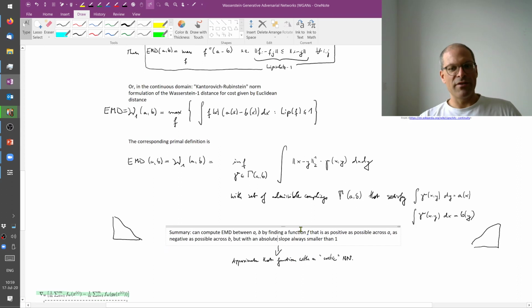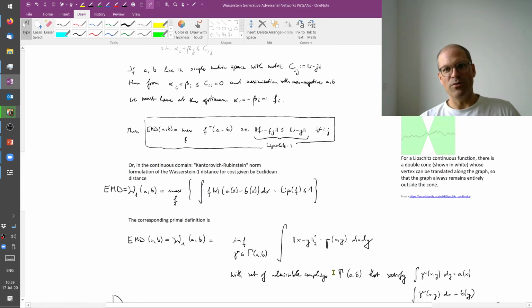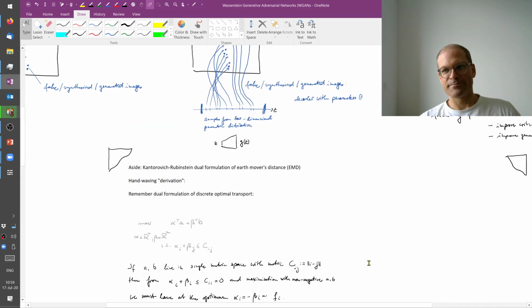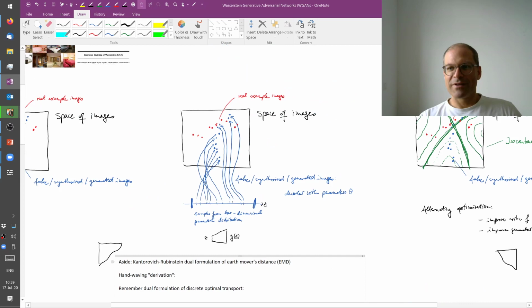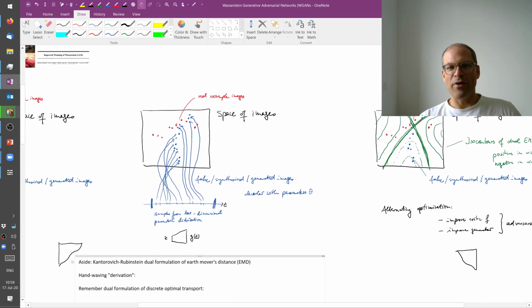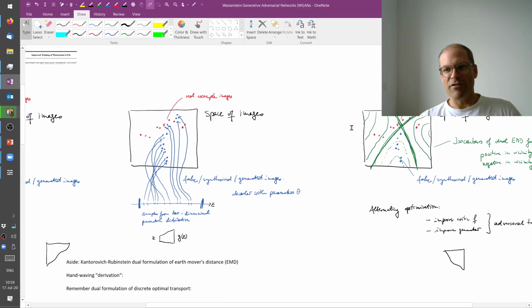Well, this function f is something that we can try and represent in terms of a neural network. This is where we now come back to the Wasserstein GANs. So I have now invented in this plot a function f. These are isocontours. So I've shown in bold lines where the zero crossing of this function is.